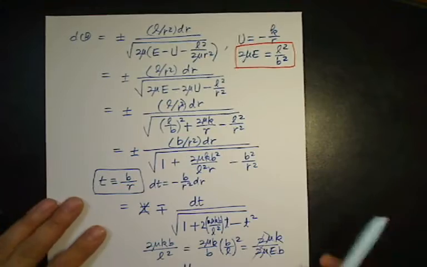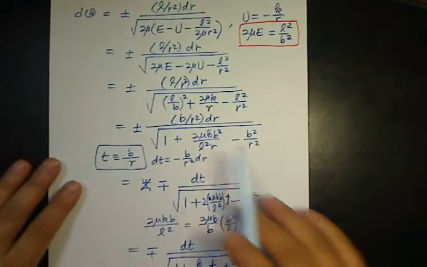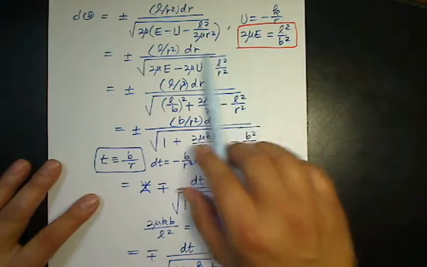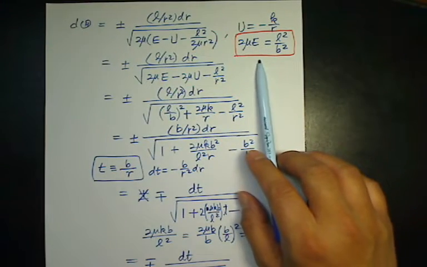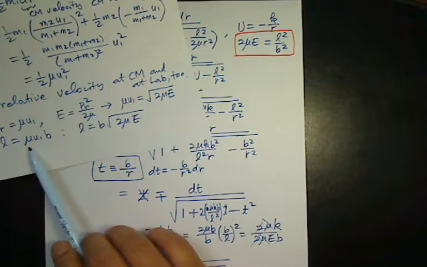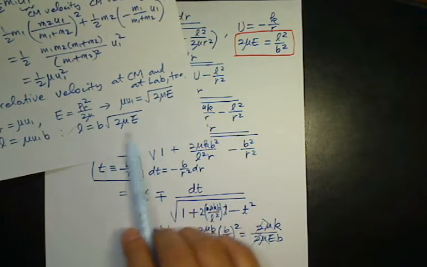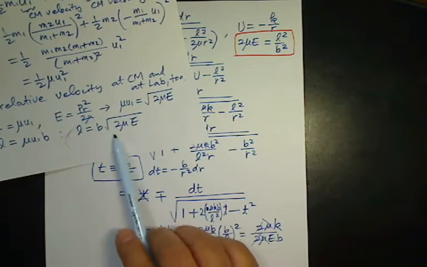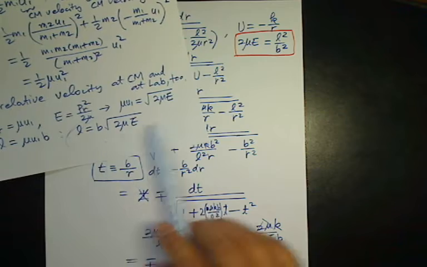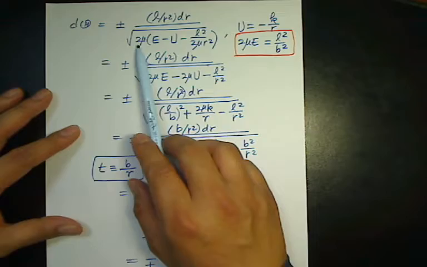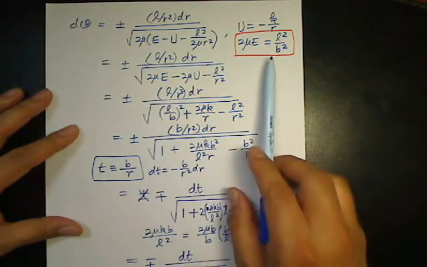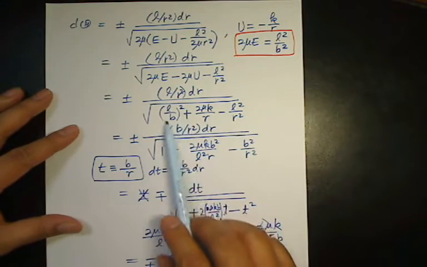Once you know that, you can make use of the fact here, this expression gives 2 mu E equals L squared over b squared. So 2 mu E is L squared over b squared. Alright?